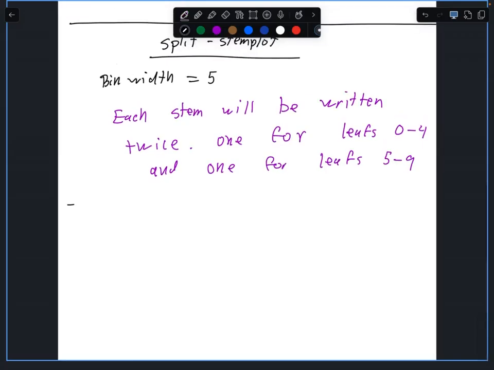So now let's create it. So this is a split stem, and again, it's for stat students. I'm going to do my bin. There's my line that divides the stems from the leaves. And I'm going to start on my stems. What's my first stem? 0.